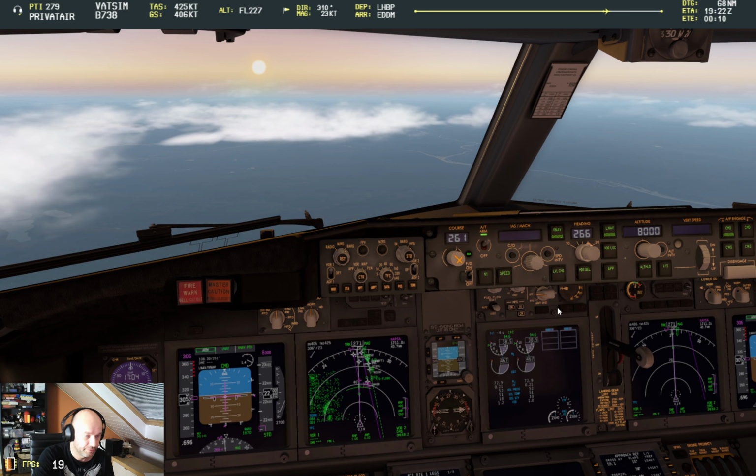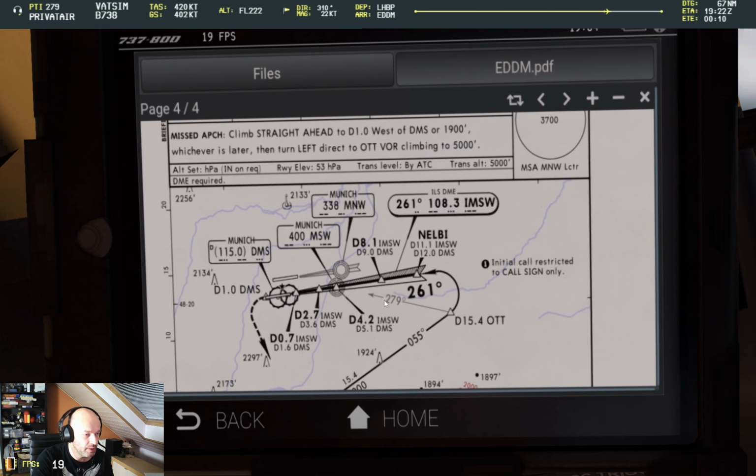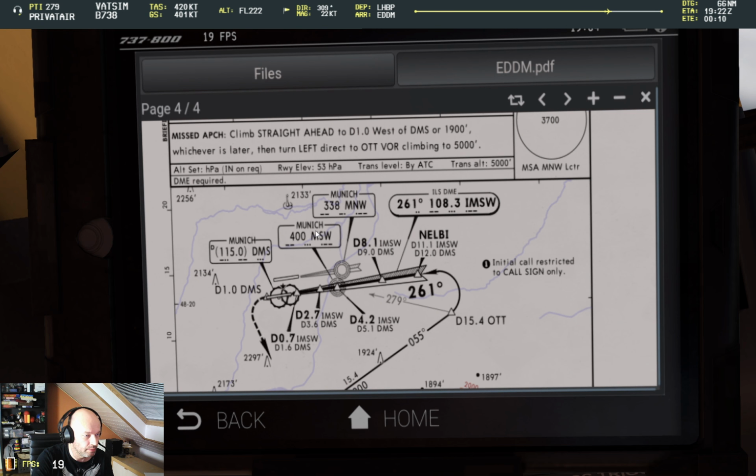Probably enough. Auto brake, we use 2. Heading 195, and shall we set an NDB here? Yeah, we can set here the Mike Sierra Whiskey 400.